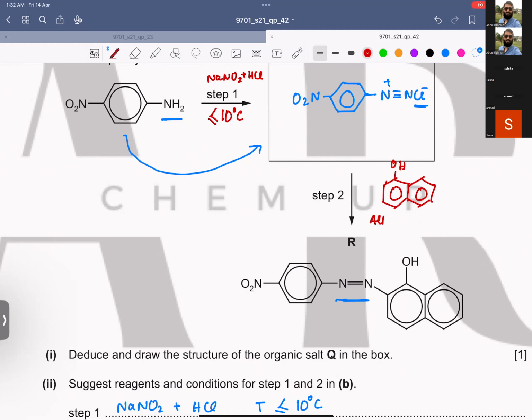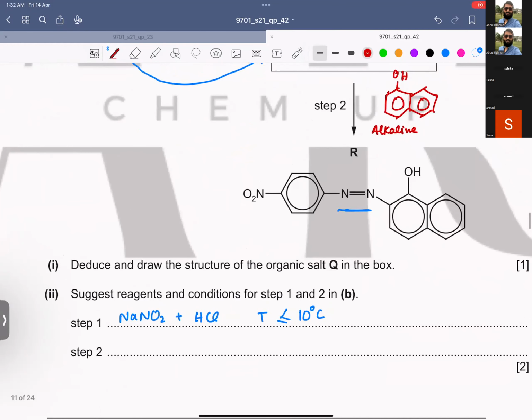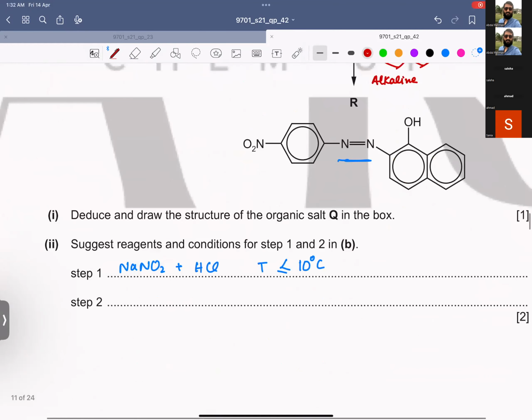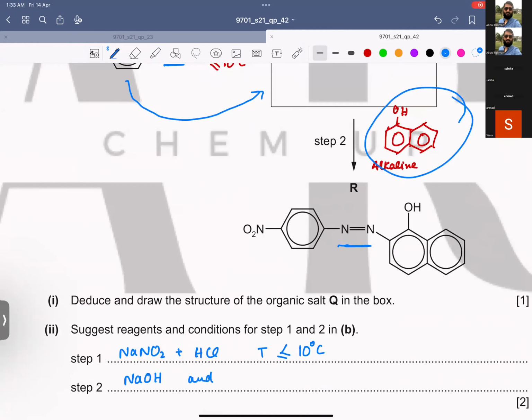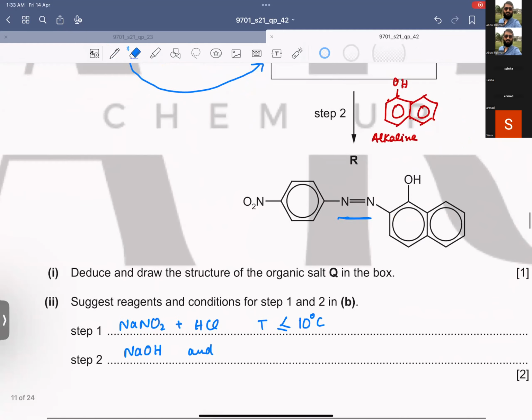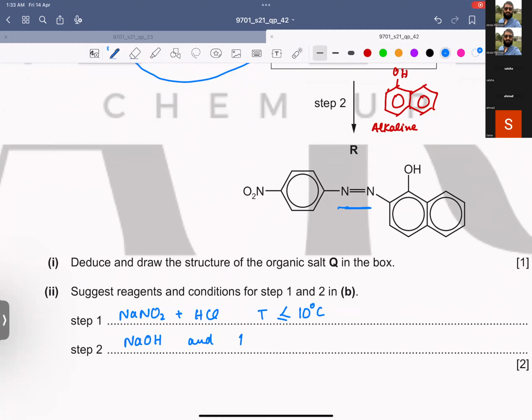This reaction occurs in alkaline condition, so you can use sodium hydroxide. And if you recall, we have studied that we call it 1-naphthol. So our reagent is 1-naphthol. Is this clear?